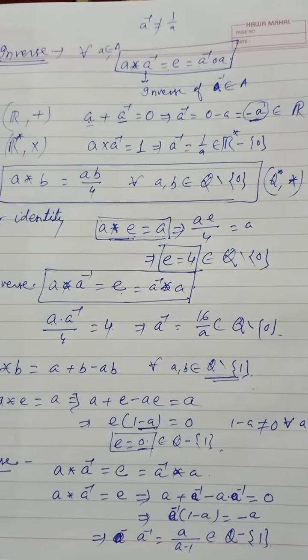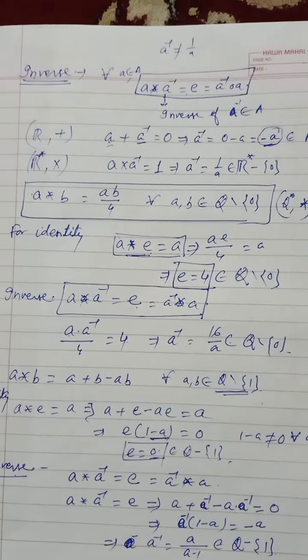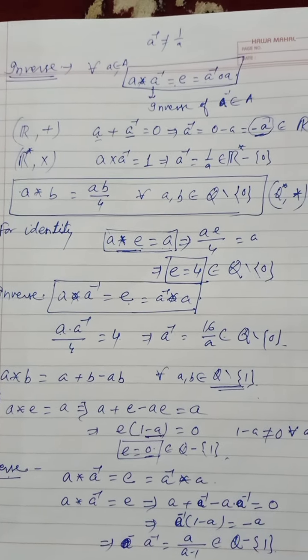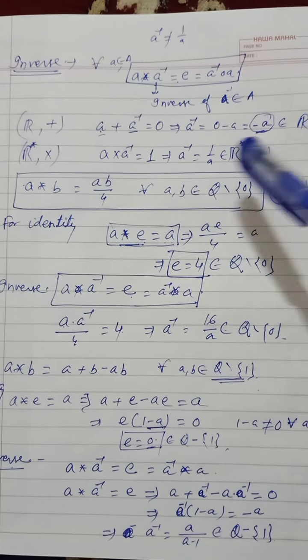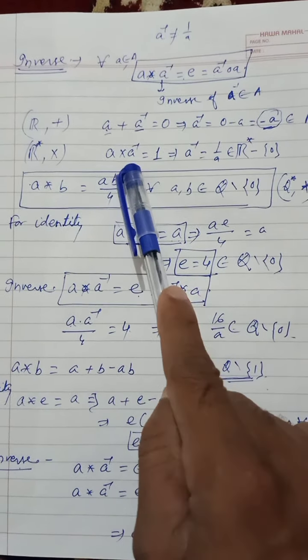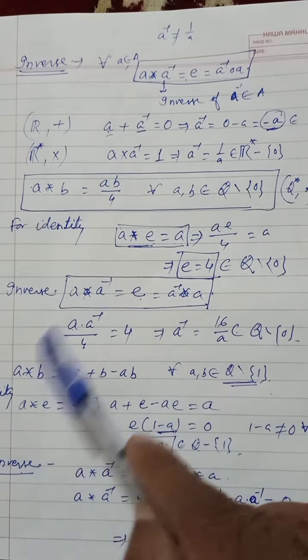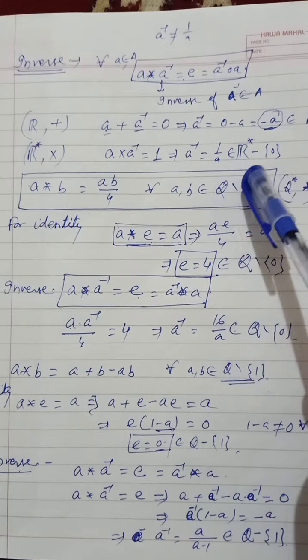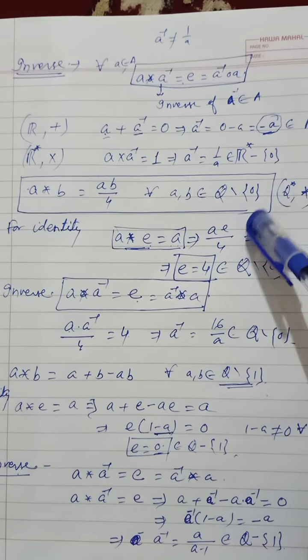Okay, now these are 4 more examples. Now we take some examples of other binary operations. Okay, we have chosen one binary operation, A star B equal to AB by 4. That binary operation is given for all elements A, B belonging to the set of rational numbers except 0.